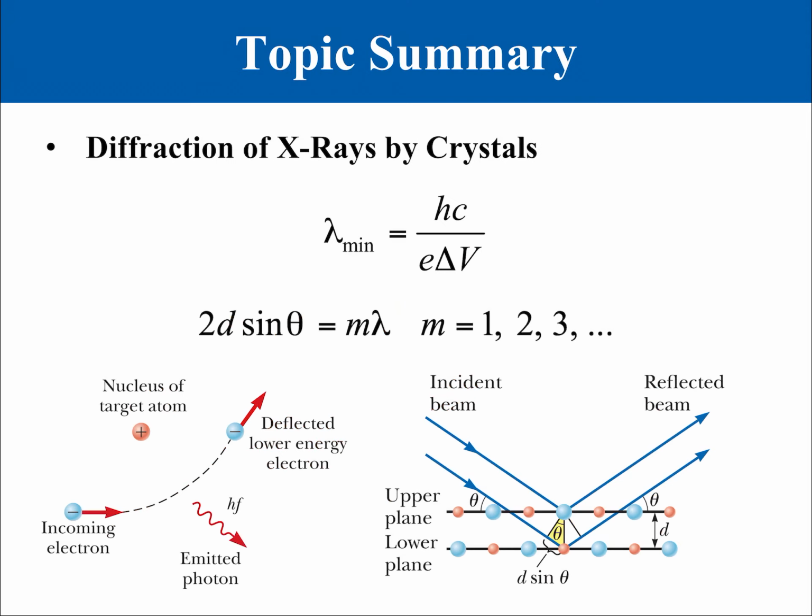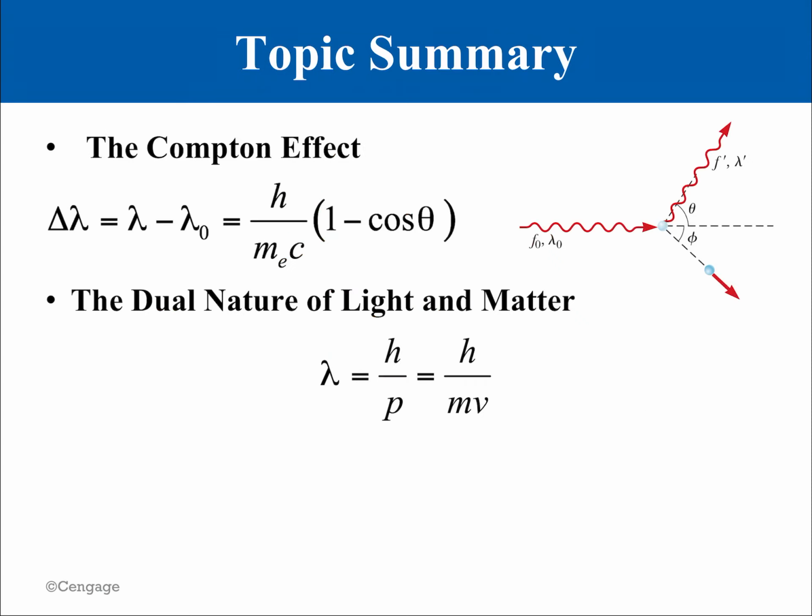What else did we talk about? We talked about diffraction of X-rays off of crystals, all right, including the minimum wavelength that is produced in an X-ray production chamber, and then the actual diffraction, which was similar to thin film interference in concept and mathematical form.